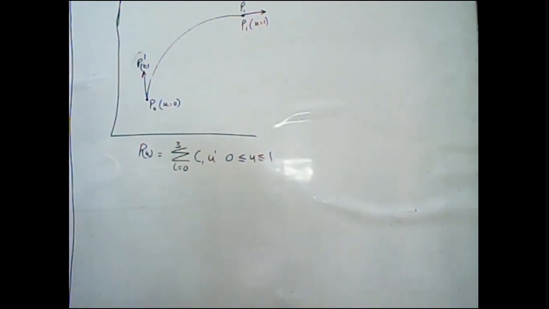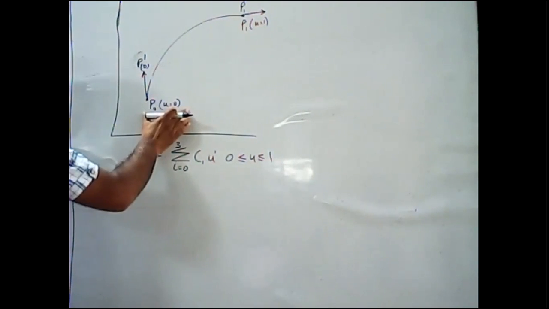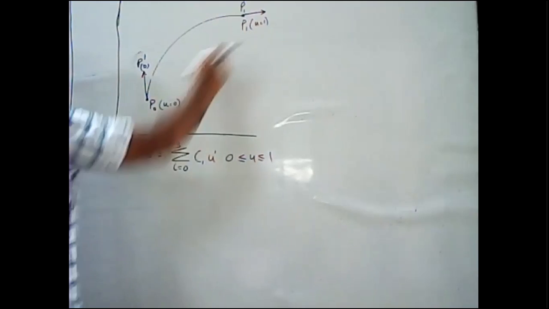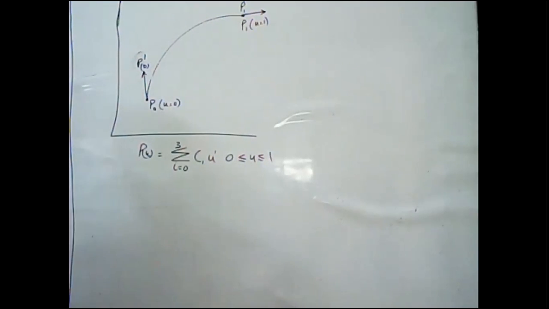The value of u can range from 0 to 1 only, because the parametric curve is from u equal to 0 to 1, right?